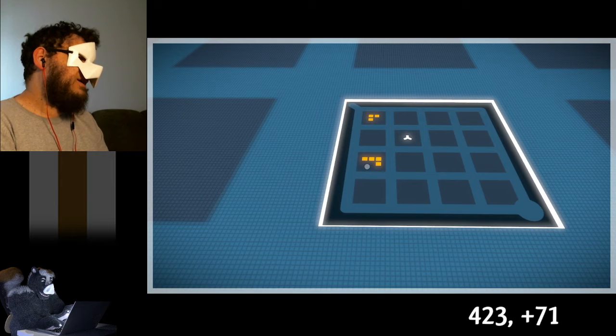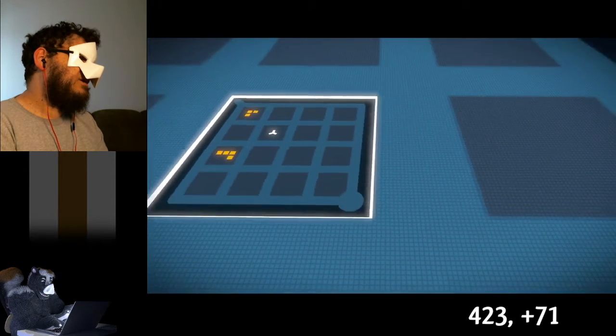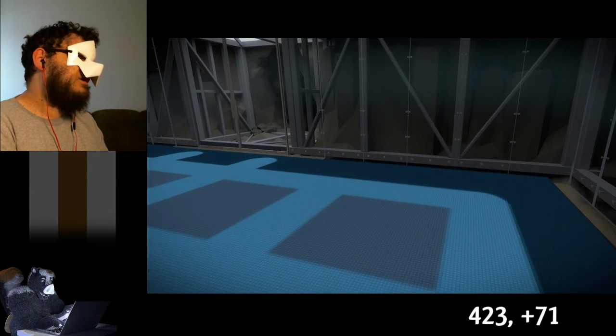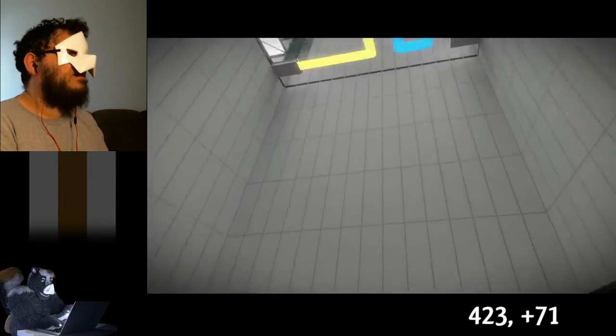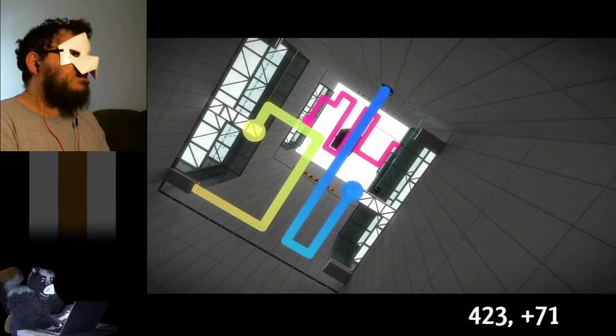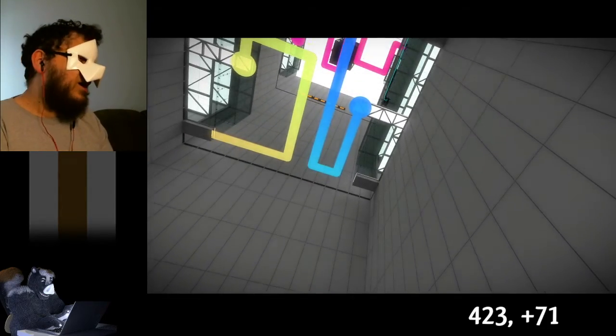Okay, is there any way to get that? That's it. So I know my conception of this puzzle is flawed in one way or another.